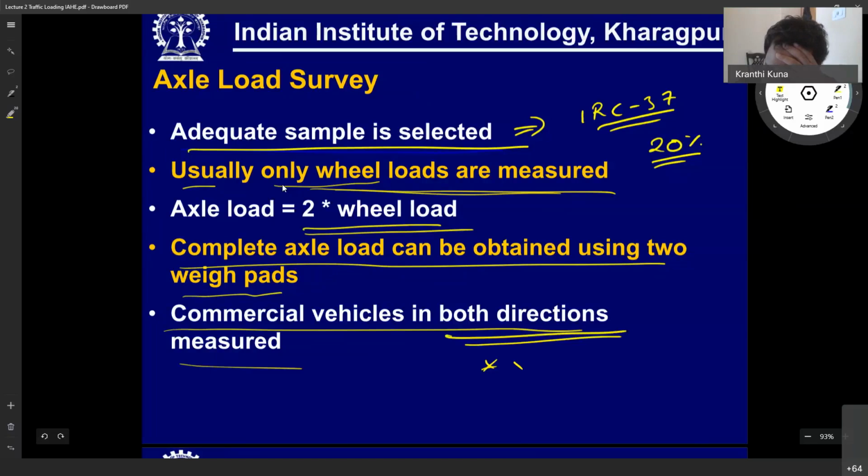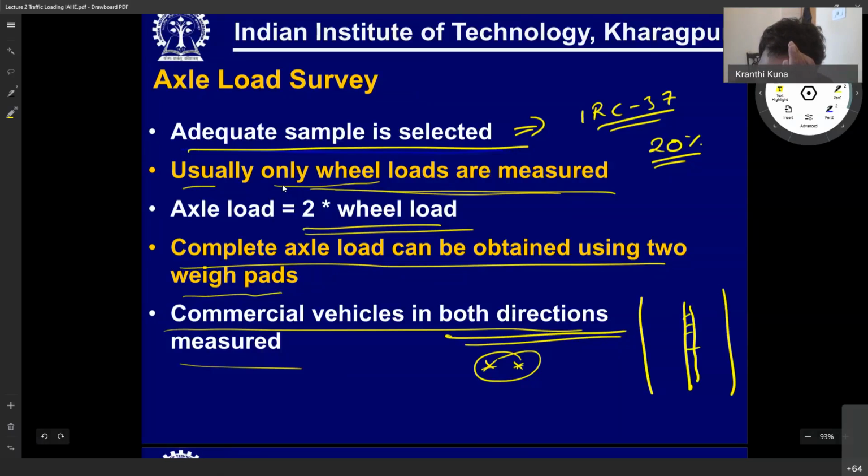The reason is, say for example, one way it is going to some industrial area, and the LHS is for the industrial area and RHS is coming from the industrial area. Then if you take only one direction, in one direction there might be loaded vehicles, say maybe quarries. Assume this is a divided carriageway.